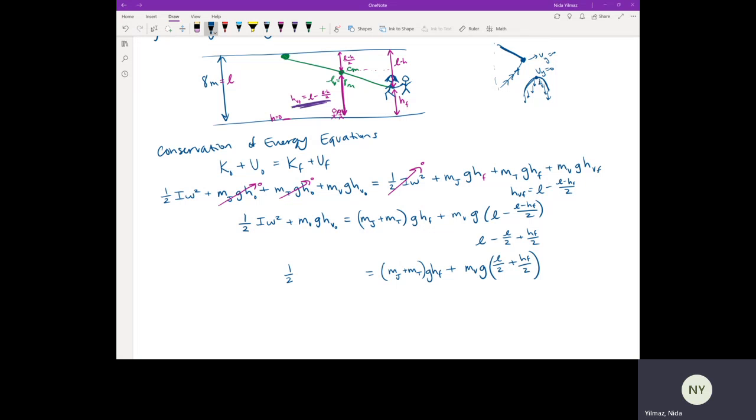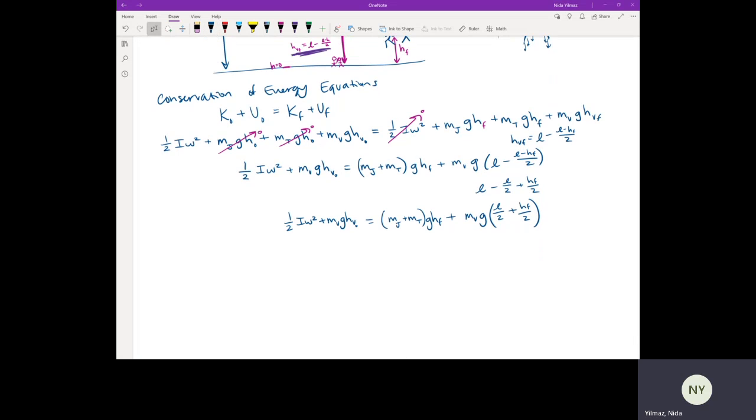And then do a half I W squared plus mass of the vine, gravity, and then the initial height. So looking at this, we want to make sure that all of our H Fs are on one side. So we're going to expand this guy out and then try to get it all where it's nice and clean to where we can all see H F on that side. And then we'll move the L over 2 over. So using distributive property, we just distribute that.